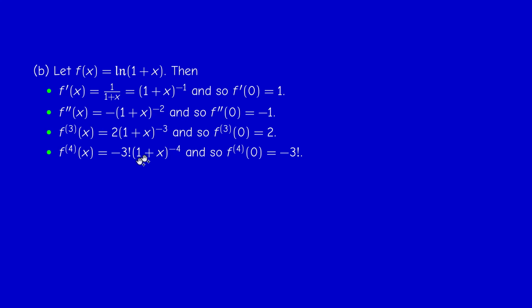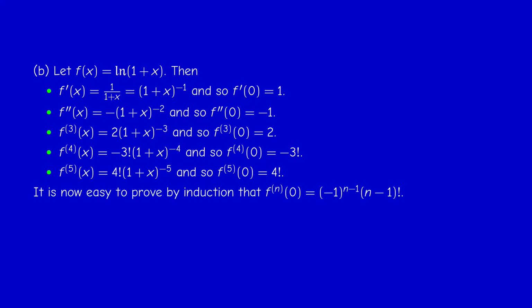If I differentiate another time, I get minus 3 times 2, which is minus 3 factorial, times (1 plus x)^(-4). So at 0, we get minus 3 factorial. And one more time. So now I hope that you are seeing a pattern here. So what is the pattern? In general, f^(n) at 0 is (-1)^(n-1), which is either plus or minus 1, times the factorial of n minus 1.